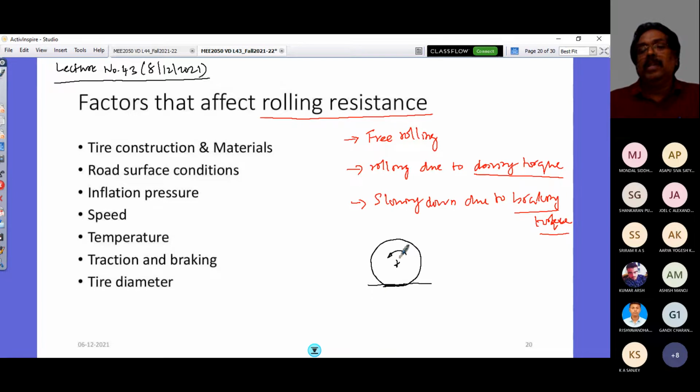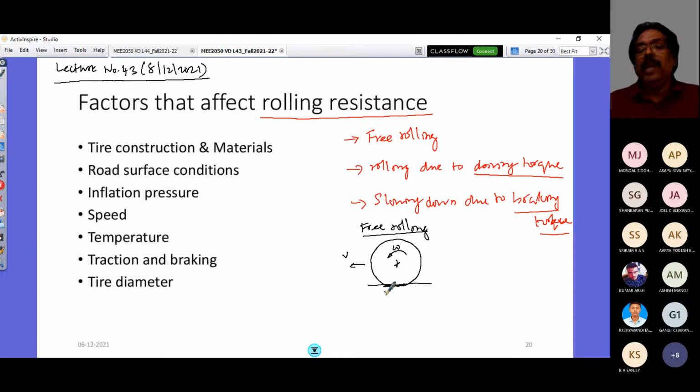This vehicle is under a free rolling condition. That means I don't apply wheel torque or driving torque, and it is not stopping by braking torque. This is omega, it's rolling. You would have some linear velocity of the wheel center here.